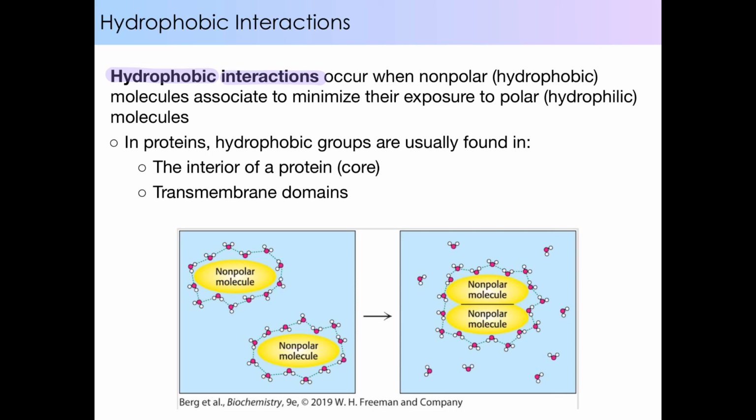Rather, they result from the system achieving the greatest thermodynamic stability by minimizing the number of ordered water molecules that are required to surround the hydrophobic portions of the molecules. As we saw earlier, this hydrophobic effect results in amino acids that are hydrophobic being buried within the core of cytosolic proteins or in the transmembrane segments of transmembrane proteins.